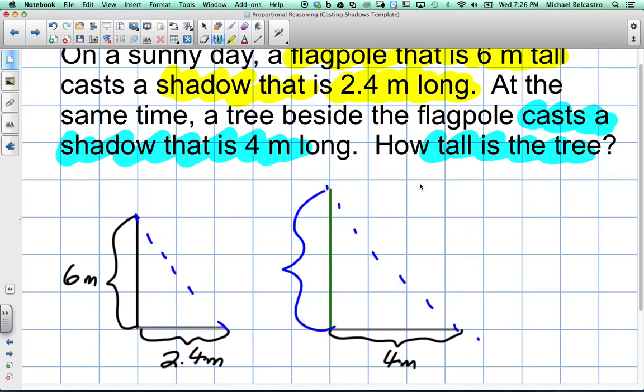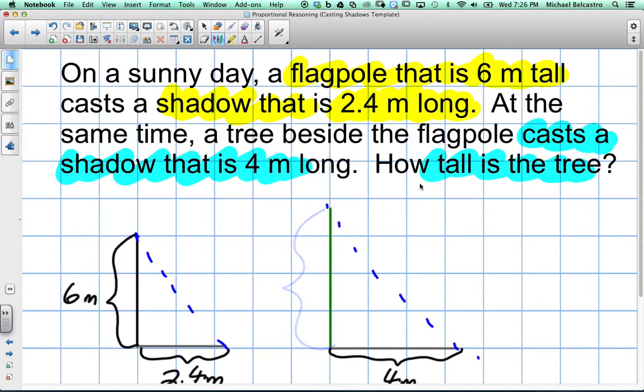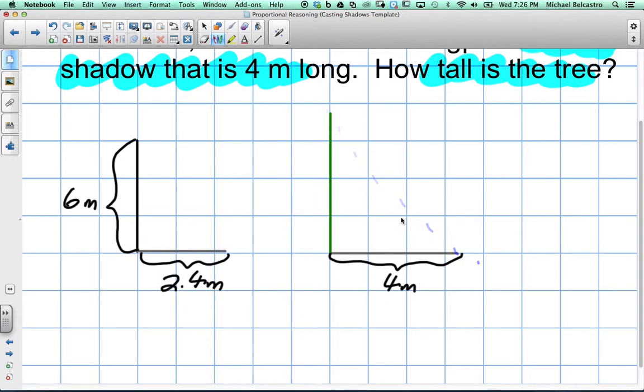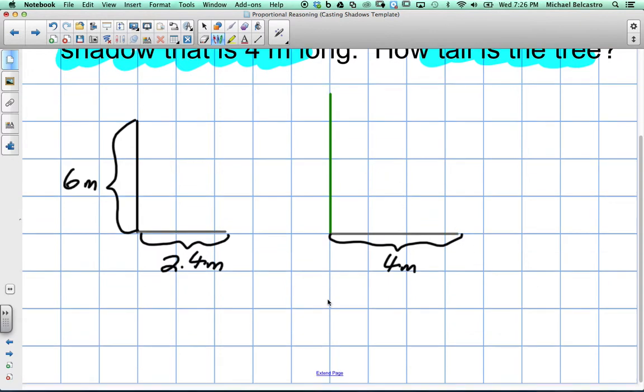Okay, so in this question, we're going to be using unit rate to try and solve this. So we're going to set up our two categories here. And the two categories, though we have a flagpole and our tree, our categories are really the shadow length and height of the object.